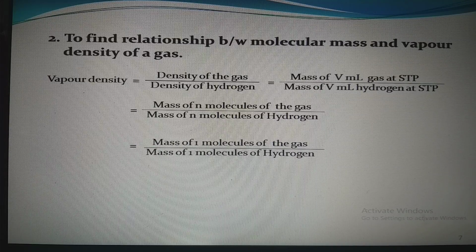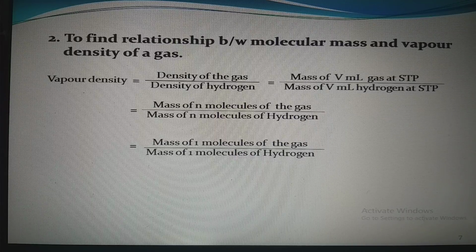If we assume the number of molecules to be 1, then the formula becomes mass of one molecule of the gas divided by mass of one molecule of hydrogen. We know that one molecule of hydrogen contains two atoms of hydrogen and the mass of a hydrogen molecule is 2.